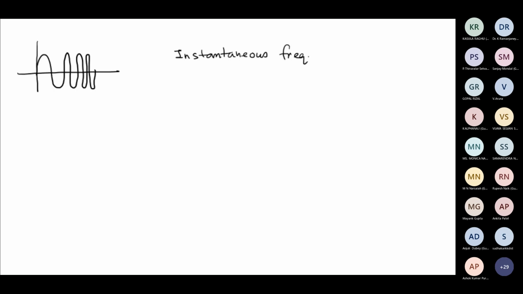So at any given point in time, the frequency is called the instantaneous frequency of the CSS signal. Now, let us try to relate how the instantaneous frequency might vary over time. Let us suppose that we have a CSS signal with bandwidth given by BW and a center frequency FC.